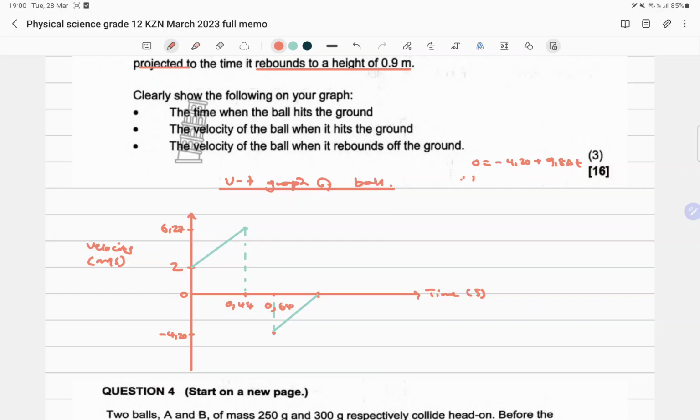Therefore our delta t there, we transpose this, is going to be 4,20 divided by 9,8, which is basically 0.43 seconds.